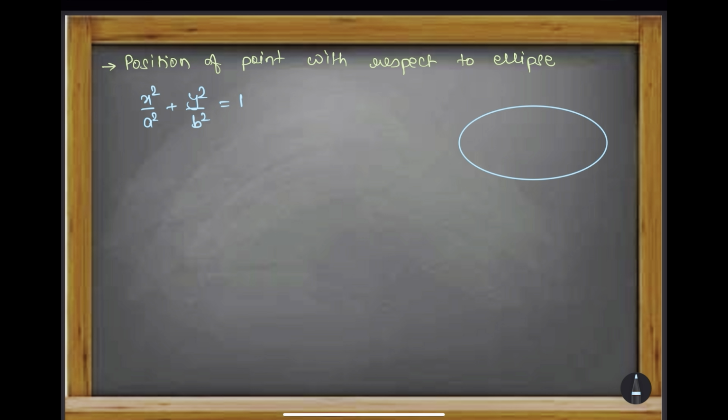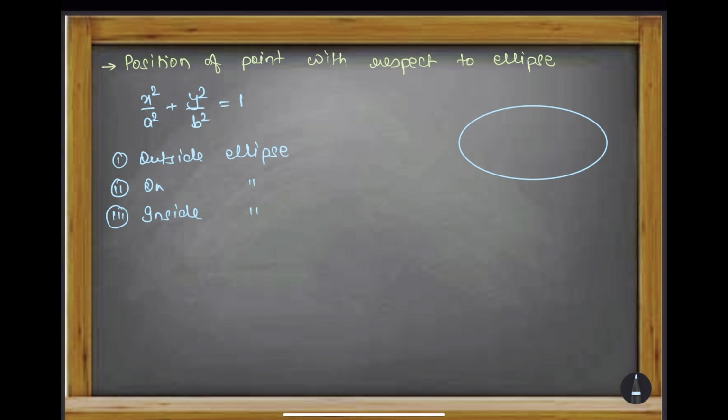Part 1, outside the ellipse. Second part, on the ellipse. Third part, inside the ellipse.